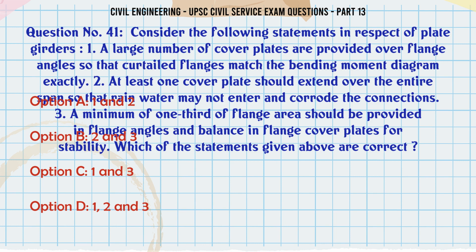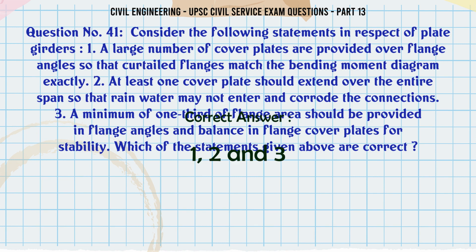A minimum of 1/3 of flange area should be provided in flange angles and balance in flange cover plates for stability. Which of the statements given above are correct? A: 1 and 2. B: 2 and 3. C: 1 and 3. D: 1, 2 and 3. The correct answer is 1, 2 and 3.